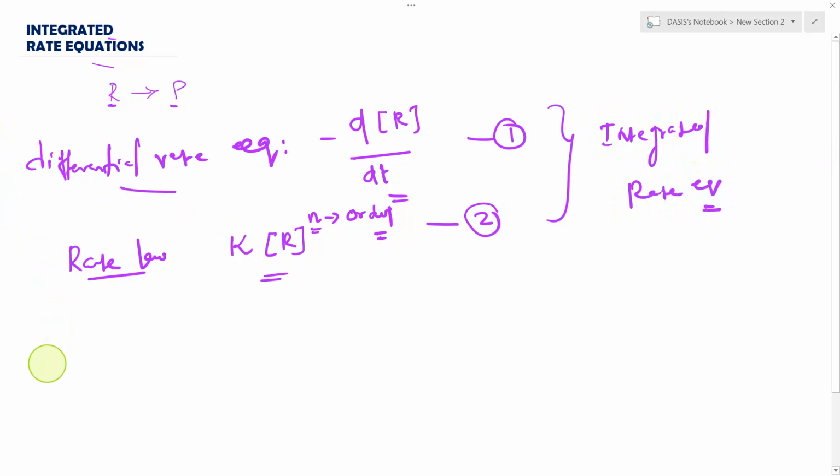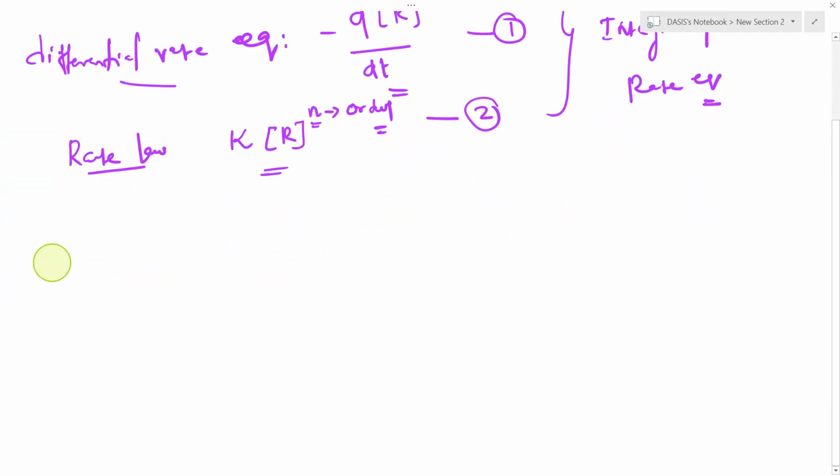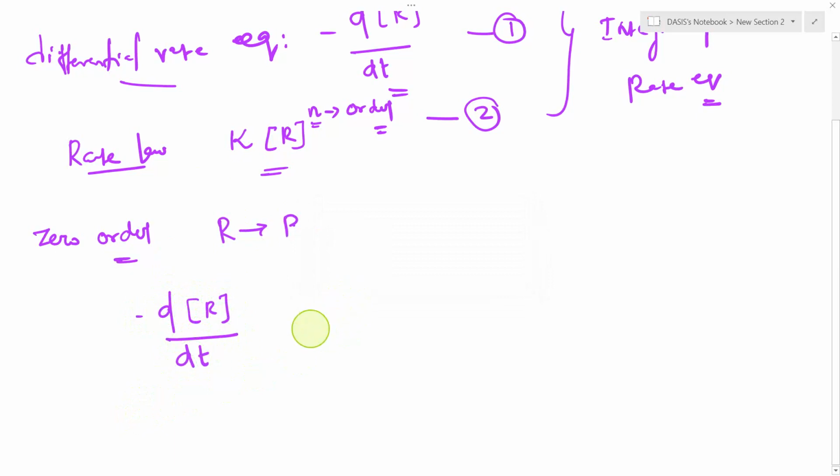Okay. So let us go for a zero order reaction first. Let us consider the reactant gives products. So the rate of the reaction as per the differential rate is minus dR by dt. Then with respect to rate law, it is equal to rate constant into concentration of the reactant with respect to its order.